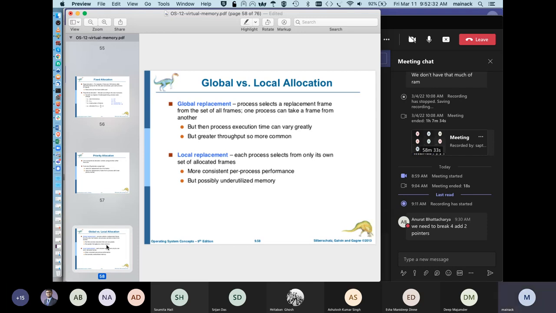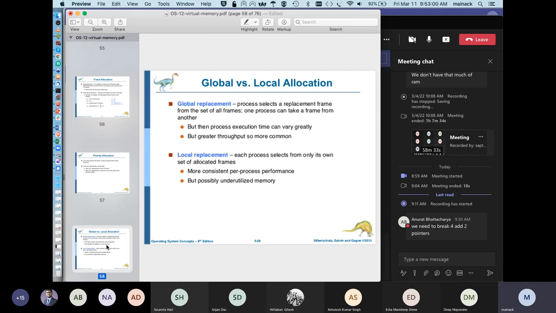In global frame allocation, you replace globally, meaning that if you want to give a process p a frame because they want it, then you will select it from the set of all the frames. You look into all free frames, or you evict from any of the frames given to any of the processes.